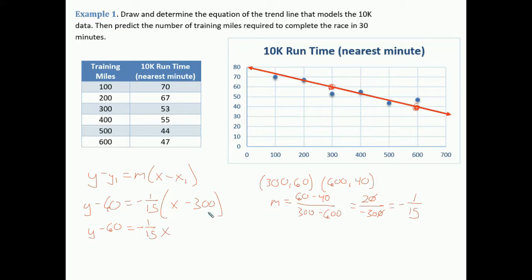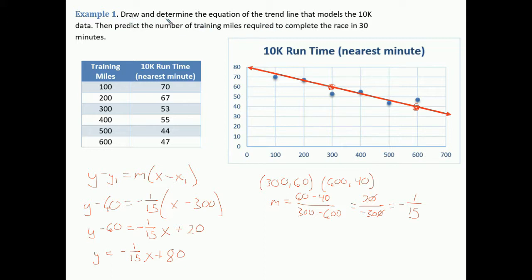Negative 1/15 times negative 300 is going to be positive, and 15 goes into 300 20 times. You could calculate that out or write that out if you needed to. We distributed, now we add 60 to both sides. And as I mentioned before, it looks like the y-intercept is 80. So we add 60 to both sides, we get 80. So there is the equation of the trend line.